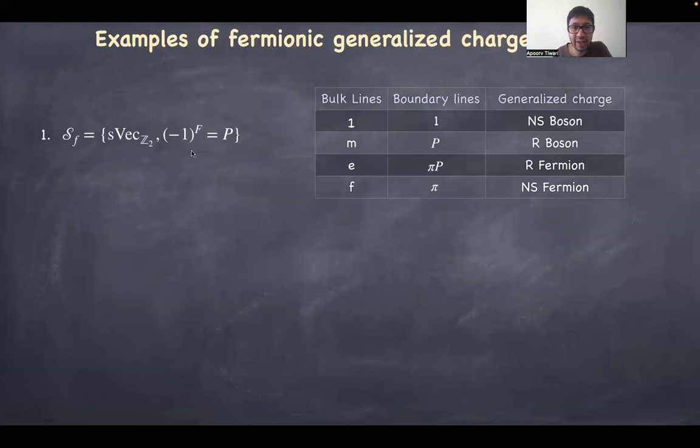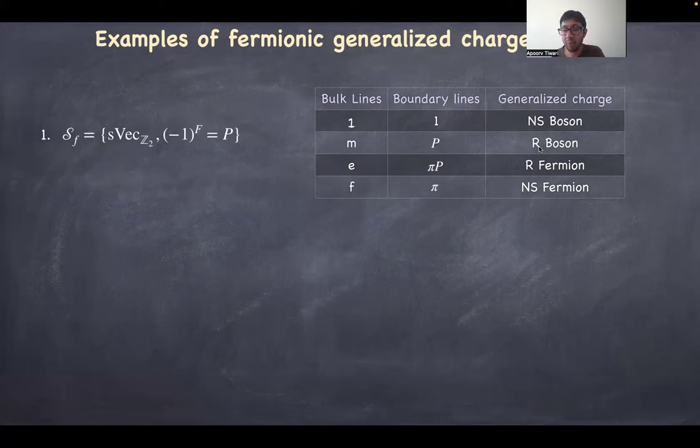So if you look at Z2, the different lines in the Z2 SymTFT become these operators on the boundary, the symmetry operators, 1, p, pi p, and pi. And if I consider the fermion parity to be implemented by the p line, then you can see that the M bulk line ends on a topological local operator that's a boson, but it's in the twisted sector of the fermion parity operator.